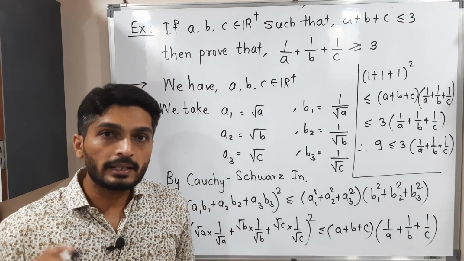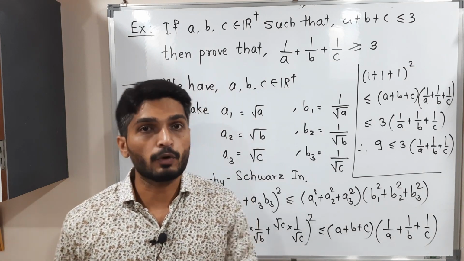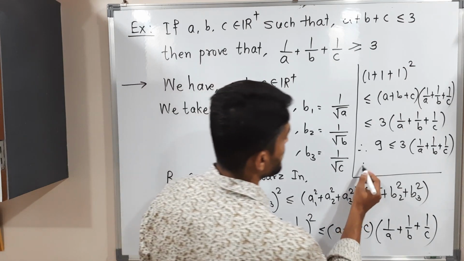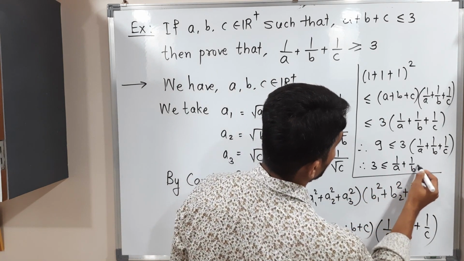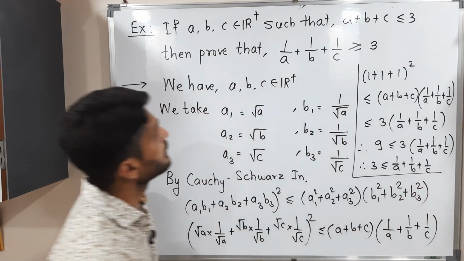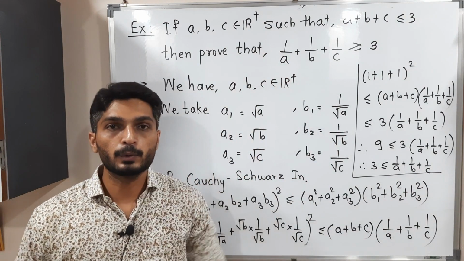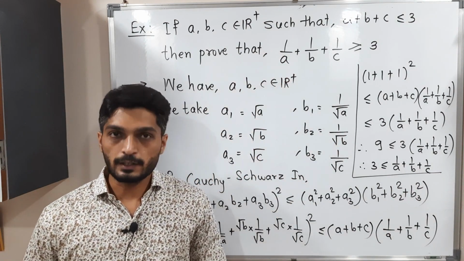We can easily cancel 3 from both sides, and we will have 3 less than or equal to 1 by A plus 1 by B plus 1 by C. So yes, we have proved it. In this way we have finished the first example.